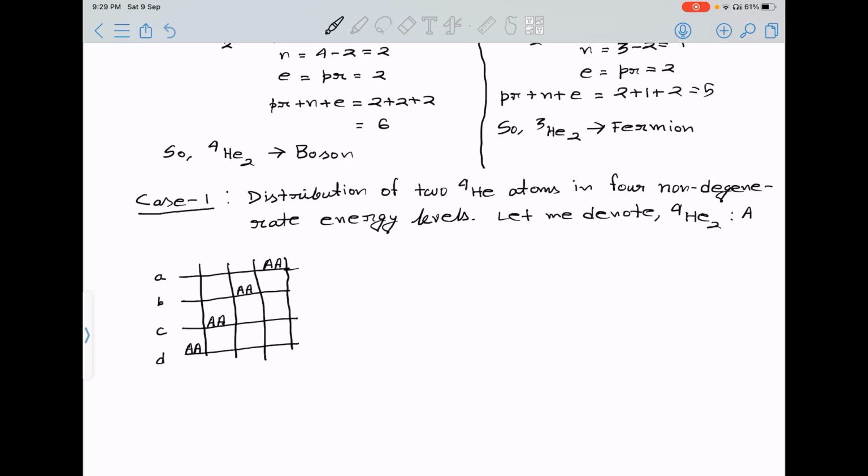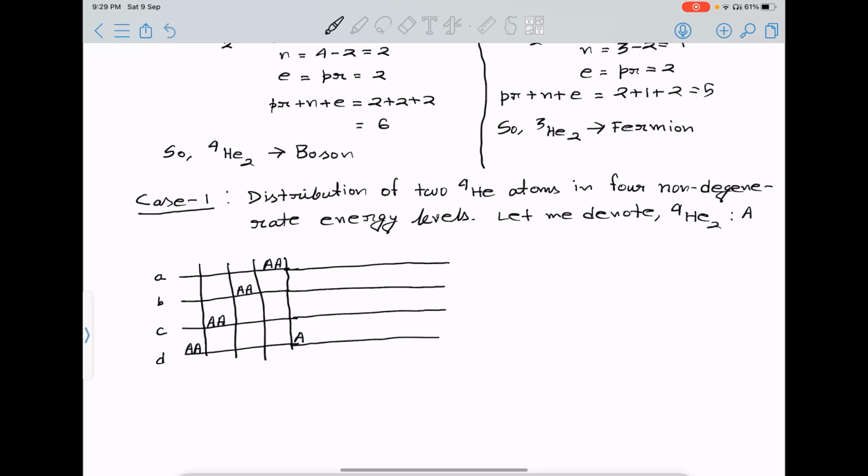Now two atoms can lie in two different states. One atom is at state D, the second atom can be in state C. This is a possibility.